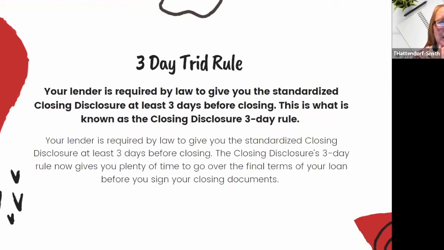It just has to be within a certain parameter of the fees that were issued to them at their initial loan application. So when the government passed this rule, I think they had good intentions, but it didn't solve the issue at all, because we still don't get loan documents definitely 3 days before closing.